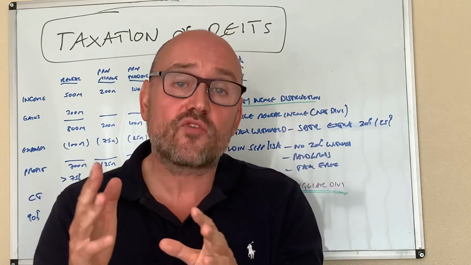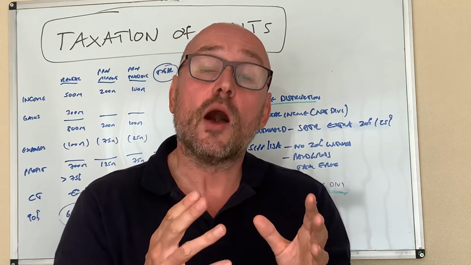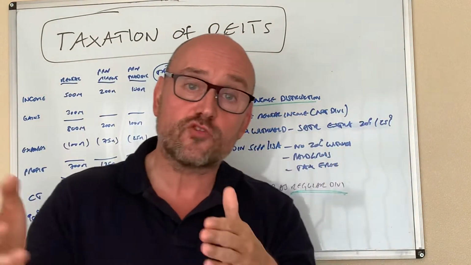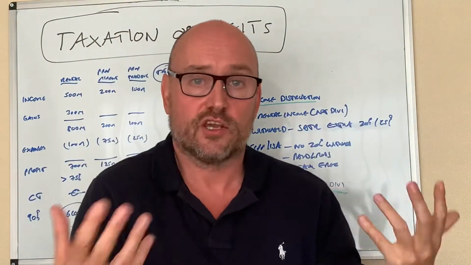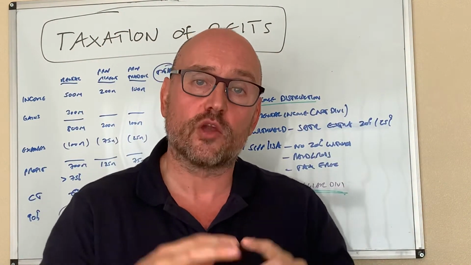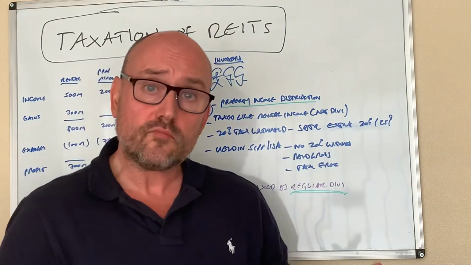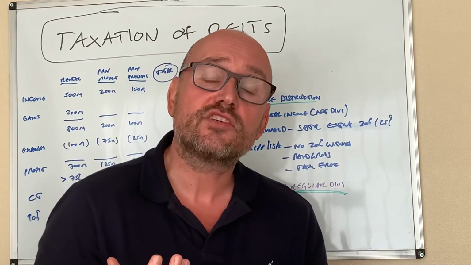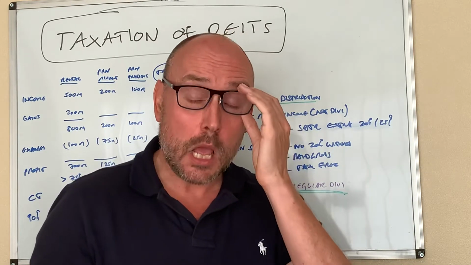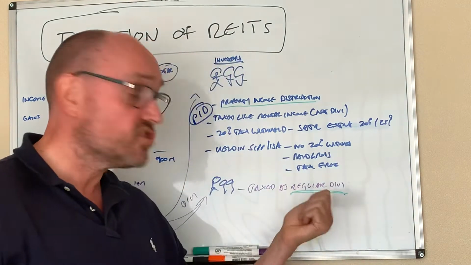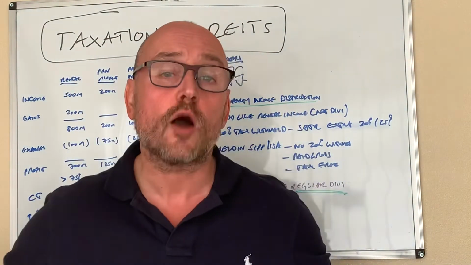So the tax rates for dividends are completely different, as we've already said, to the property income distribution, which is taxed as if you had your own buy-to-let portfolio in terms of how that would have been taxed. But again, if you've got these shares in a tax advantageous wrapper like a SIP or an ISA, there's no tax full stop on any of the dividends.